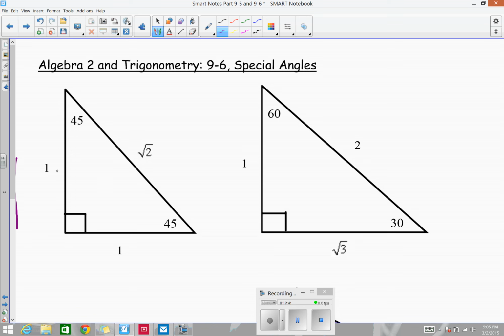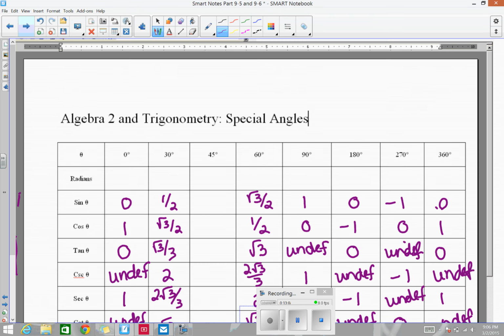45. Opposite over hypotenuse. Notice that it doesn't matter at 45, 45. So sine and cosine are going to be the same because the legs are the same. So again, we have a radical in the denominator. We need to rationalize it. So the sine of 45 is square root of 2 over 2. The cosine is square root of 2 over 2.